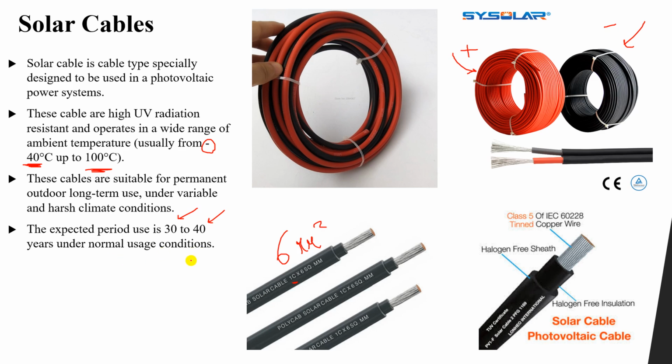Okay, under normal conditions. You will find that the jacket of the solar cable is halogen free. Why is this?